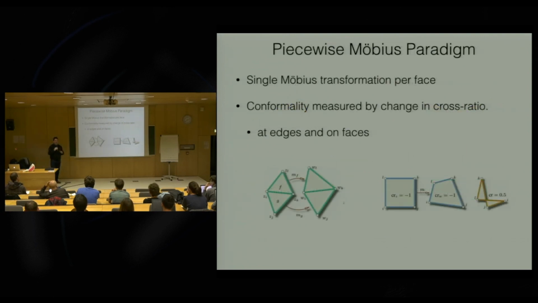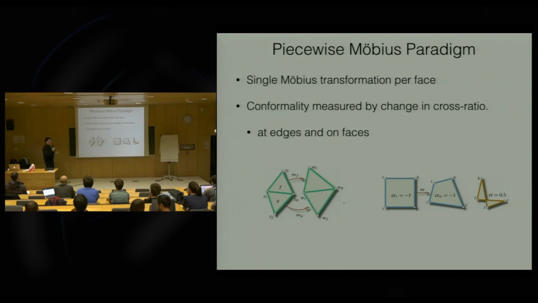So instead of piecewise linear, the paradigm I'm going to be working with is piecewise Möbius. That means I define a transformation as giving a single Möbius transformation per face, where if you apply some transformation to F and some transformation to G, then those transformations have to put those two points in the same place in the target.